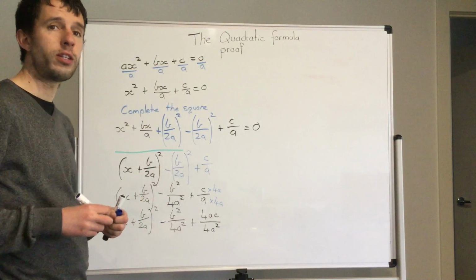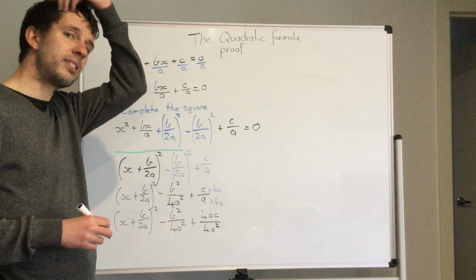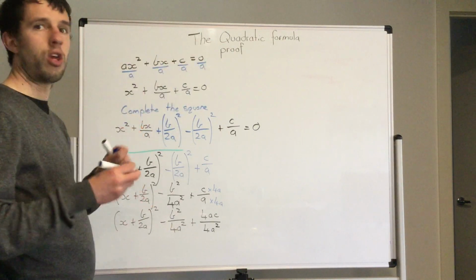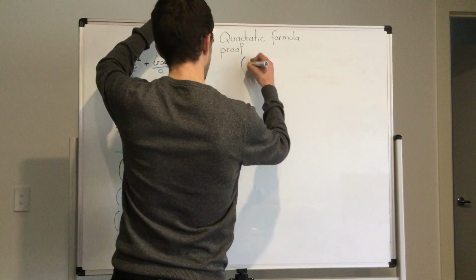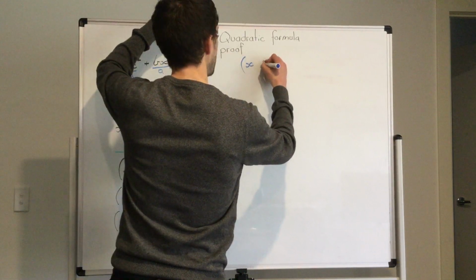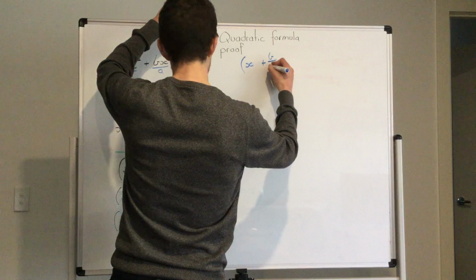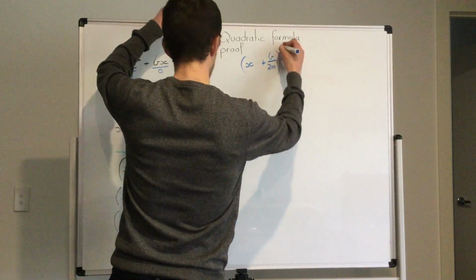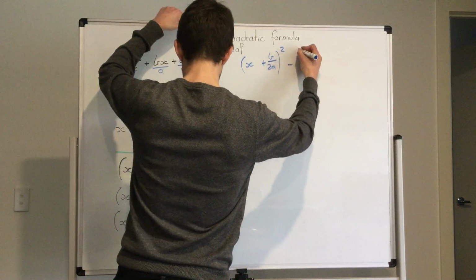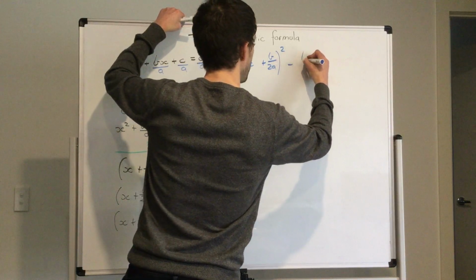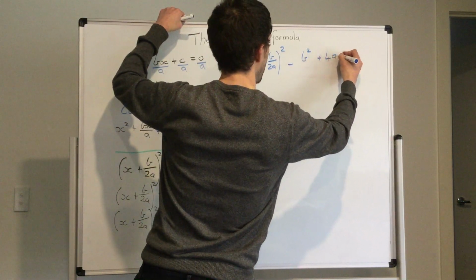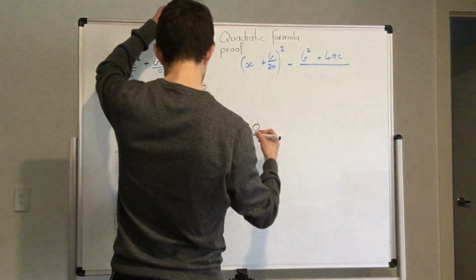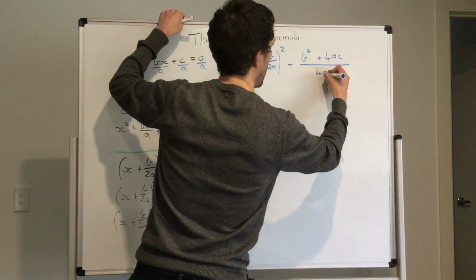It is a long process, but it's really about understanding where the rule comes from. So we have x plus b over 2a squared minus b squared plus 4ac divided by 4a squared.